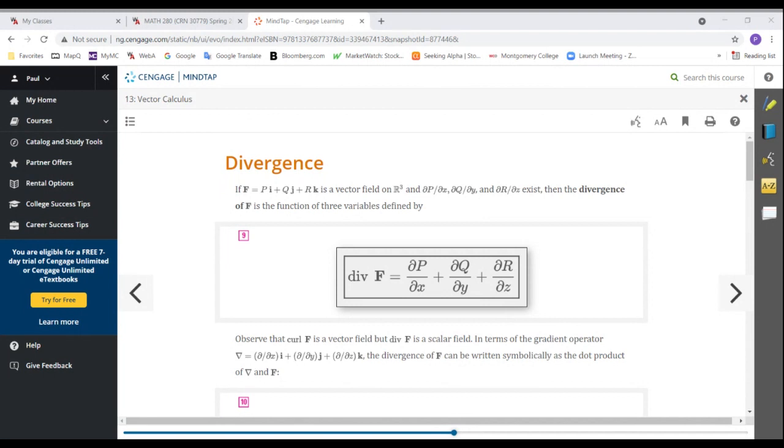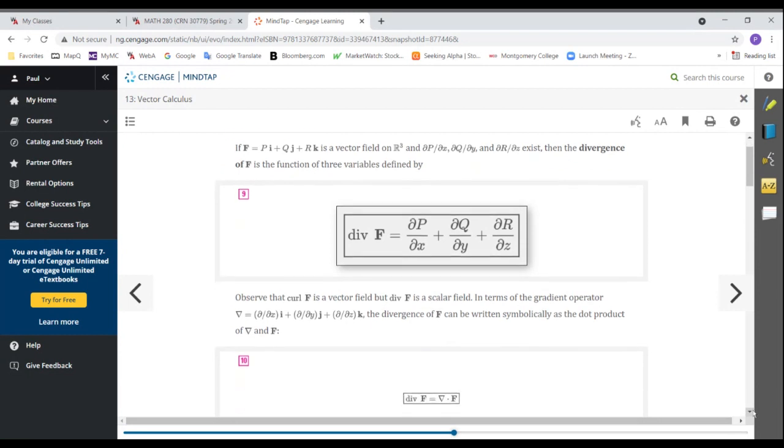The curl of a vector field F is the cross product between the del operator and the vector field F. We can express the divergence of the vector field as the dot product of the del operator with the vector field F. A dot product means you're multiplying the components of two vectors piecewise, right?